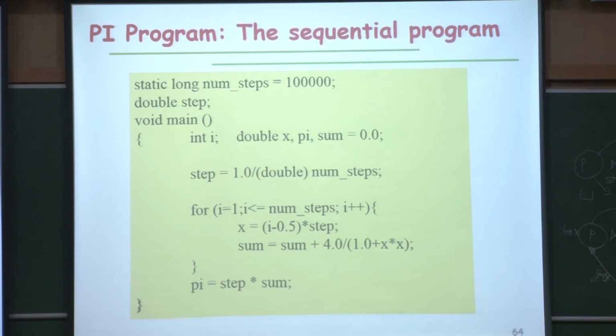All of these 100,000 operations can be done in parallel, but of course you will group them. Let us say if you have 100 threads, then each thread can do 1000 steps. You will do 100 such things, and then you can globally do the reduction.